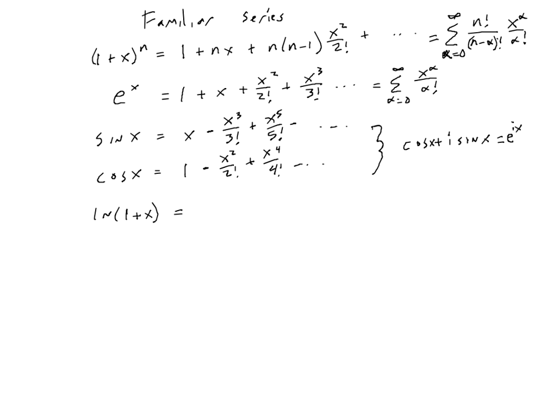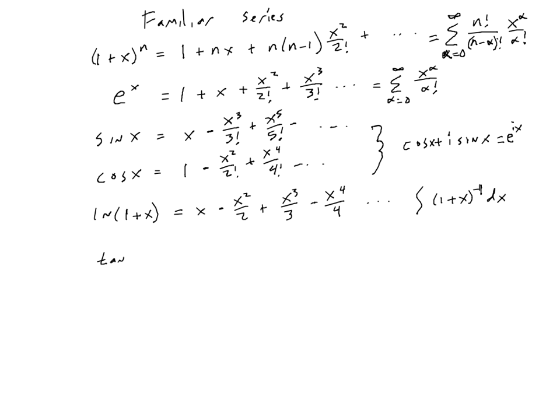So if you set n equal to minus 1, then the integral of that is going to give you the natural log, and that is going to be x minus x squared over 2 plus x cubed over 3 minus x to the 4th over 4, etc. So the integral of 1 plus x to the minus 1 dx.